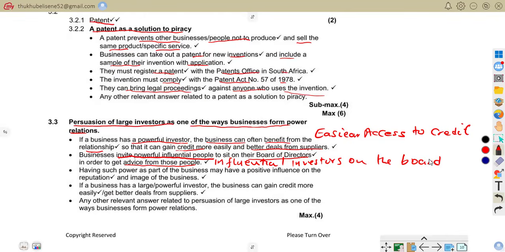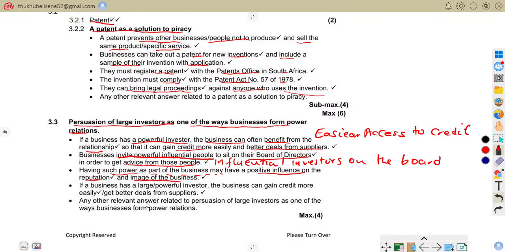It means experienced investors help guide business decisions. For example, a well-known business leader sits on the company's board. Having such power as part of the business may have a positive influence on the reputation and the image of the business.